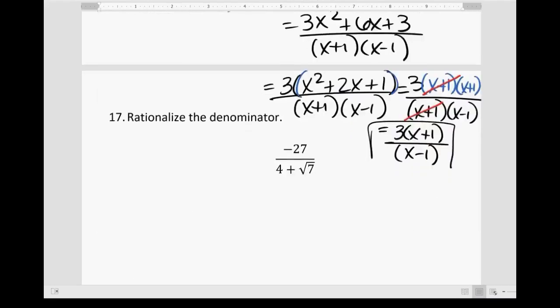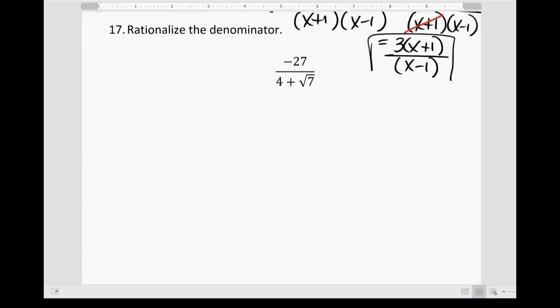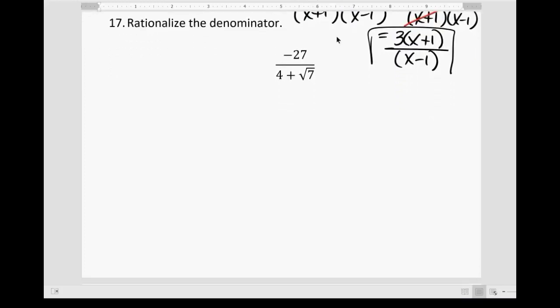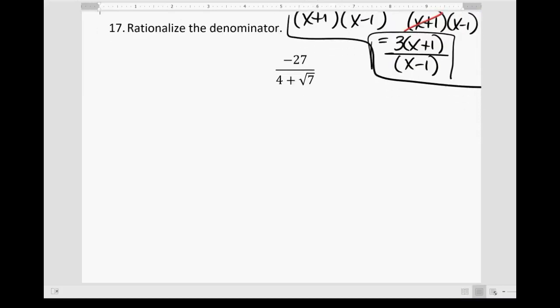Okay, let's look at the next one. So we're going to rationalize this denominator. In order to rationalize the denominator, you want to multiply the top and bottom by the conjugate of the denominator.